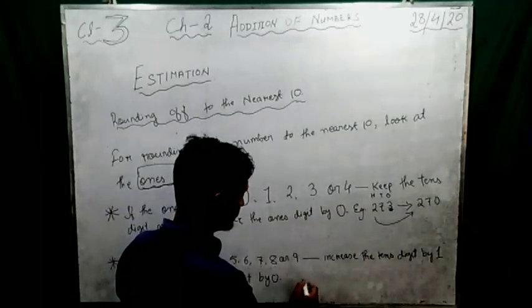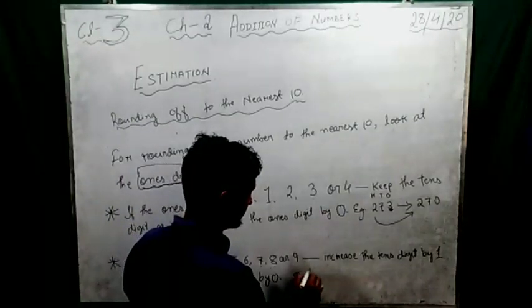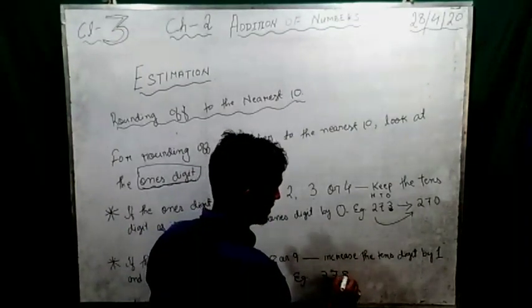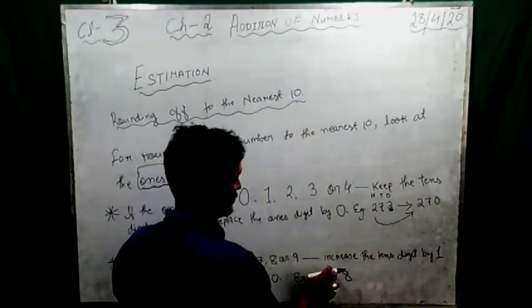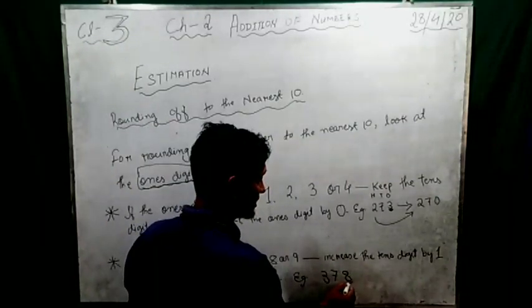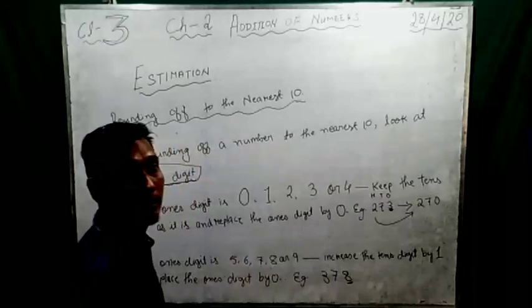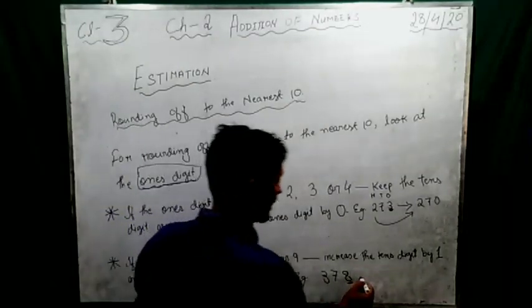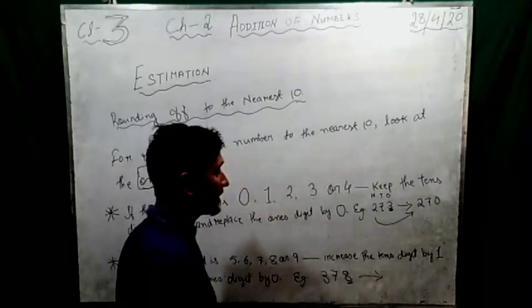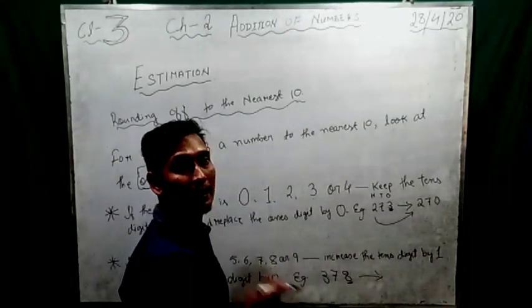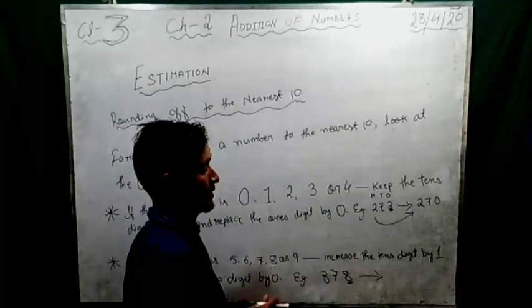So let's take an example, 378. Which place do we have to see? This one. This is more than 5. What is that? That is 8. So what do we have to do? We have to increase the tens digit by 1, or we can say add 1 to the tens digit.